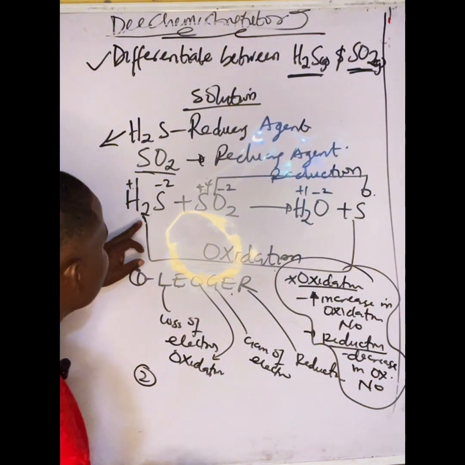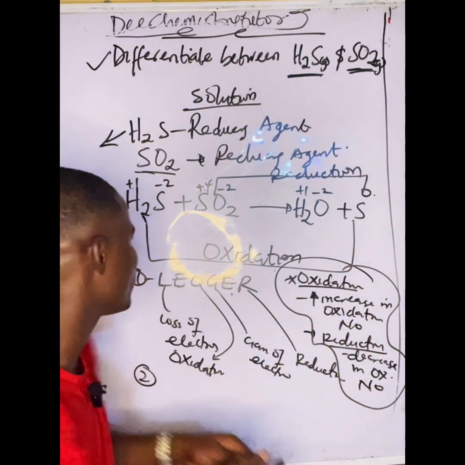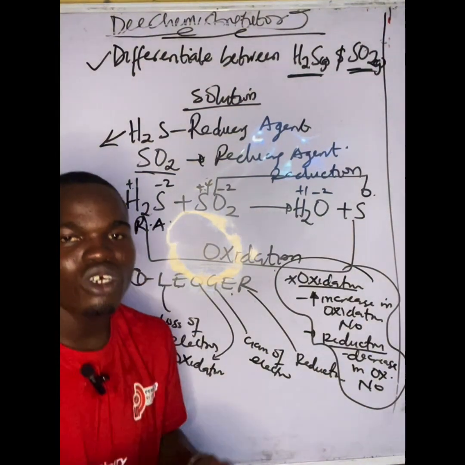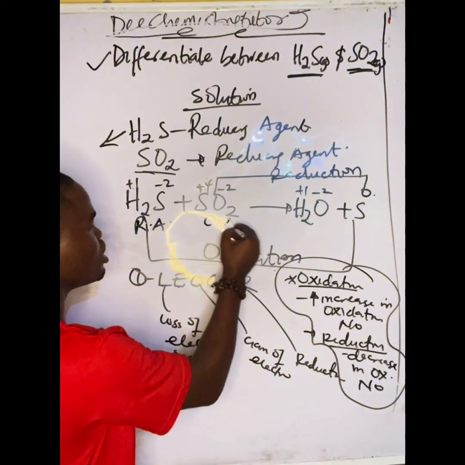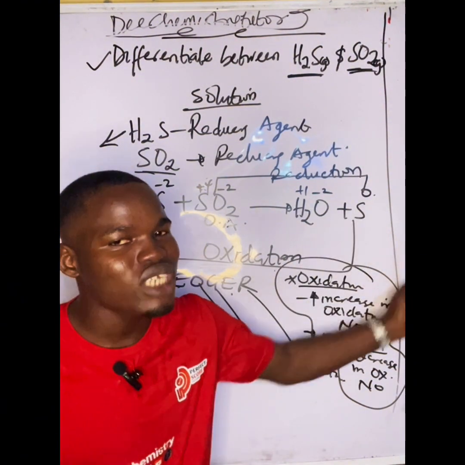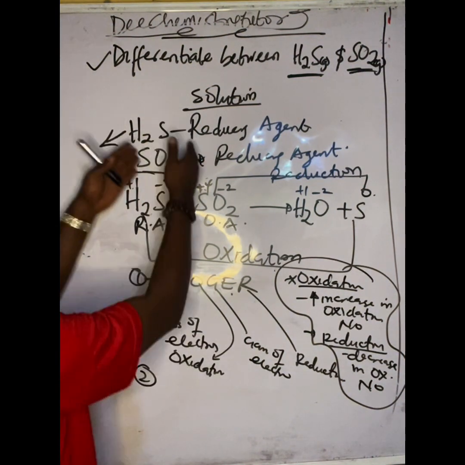Now, this is the way I used to know it. It's very easy. If you undergo oxidation, you yourself that undergo oxidation, you are a reducing agent. If you undergo reduction, you yourself that undergo reduction, you are an oxidizing agent. You don't pick oxidizing agent and reducing agent from the product side. Where do you pick it from? From the reactant side. Can you see that? What I just explained.